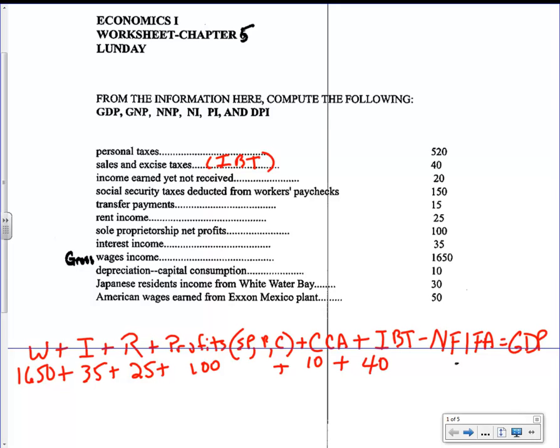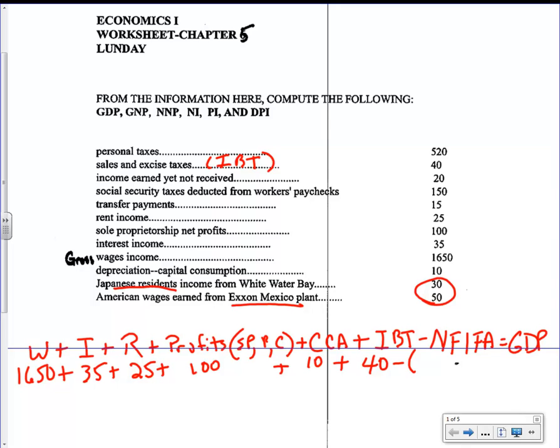40. And our net factor income from abroad, we're going to take income that Americans earned abroad, which is from Exxon in Mexico, and we're going to net that with Japanese residents' income that was made at Whitewater Bay.